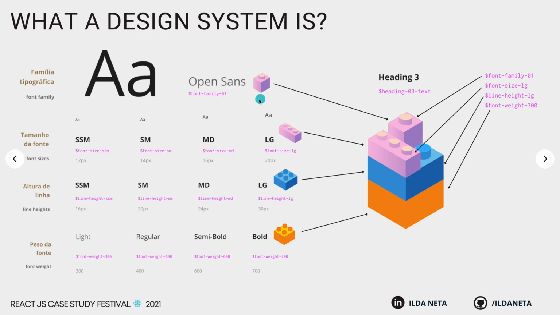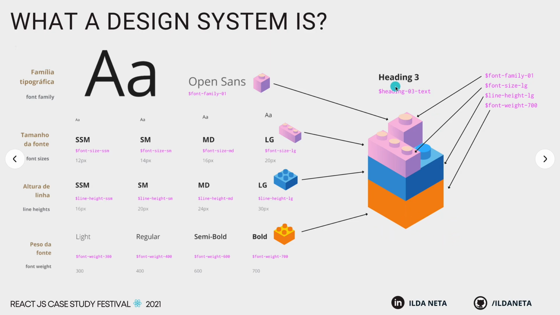And these characteristics are called design tokens and look like pieces of Lego, as each of them can be grouped to form a Lego component, or simply our components.